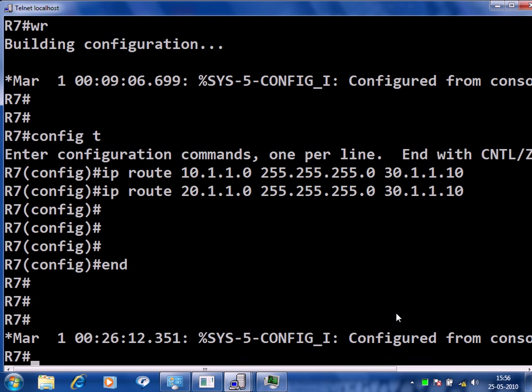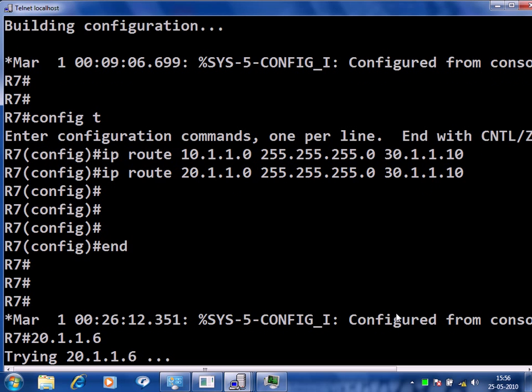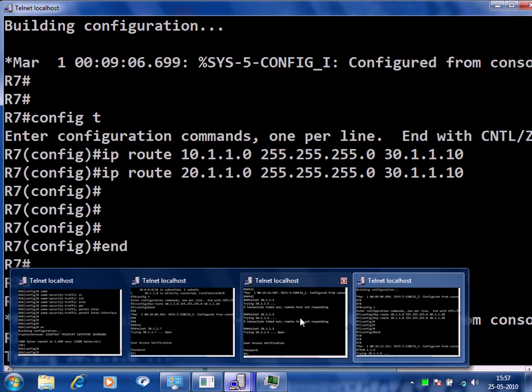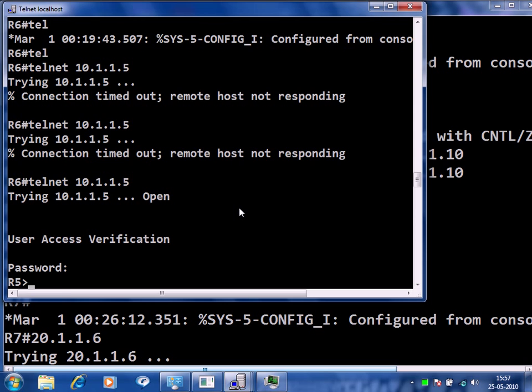So now from R7 to R6 you can do the telnet. Why? Yeah, we have given it. See.